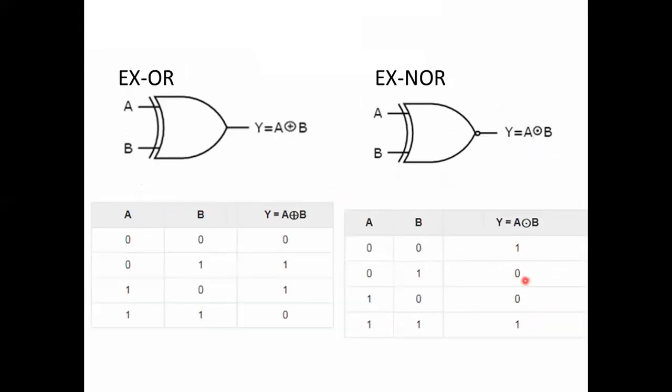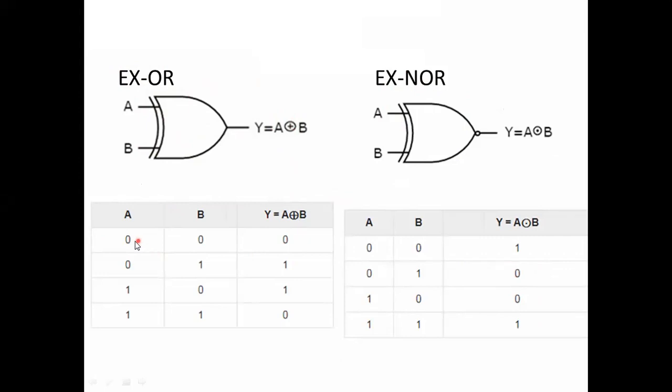Next, the special gates are the XOR gate and XNOR gate. XOR gate means A exclusive OR B. The symbol is a plus inside a circle.